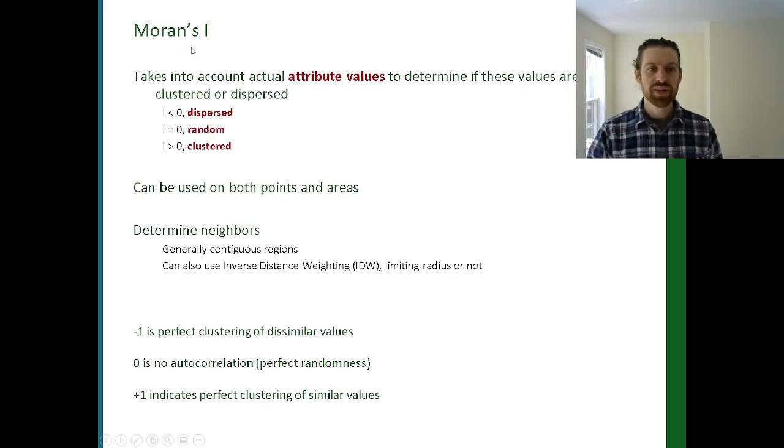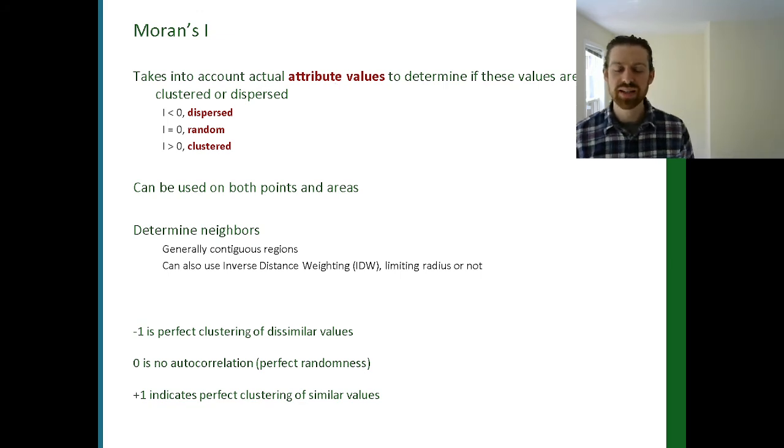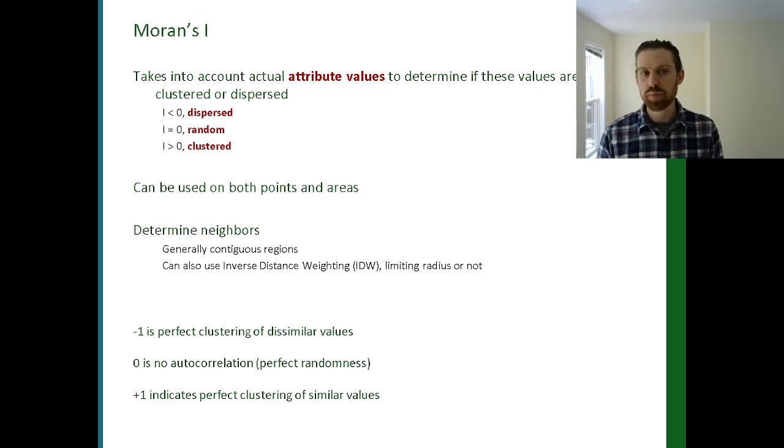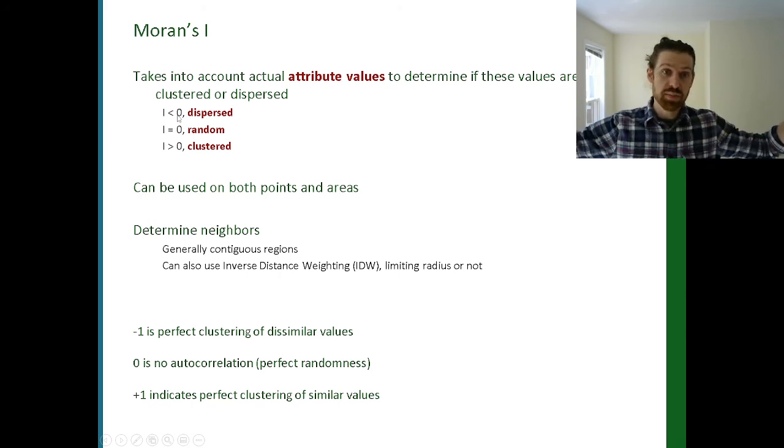So for Moran's I, we end up with this I metric, representing the level of dispersion, randomness or clustering within the underlying data. If I is below 0, the data are dispersed.